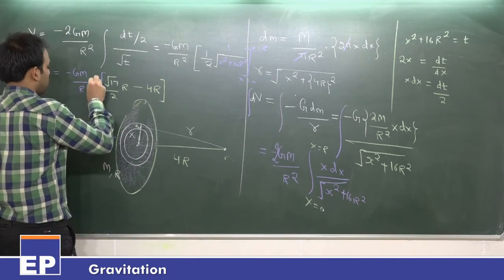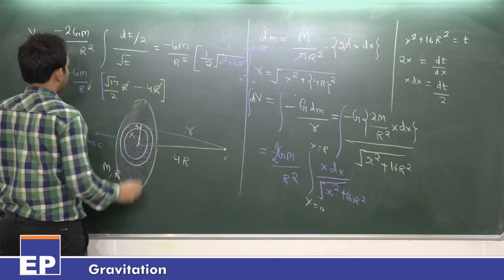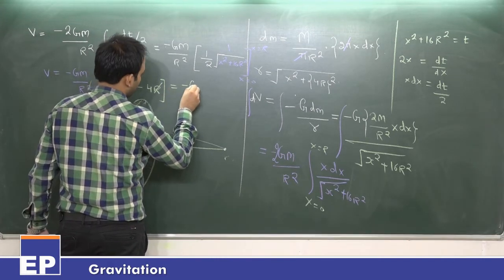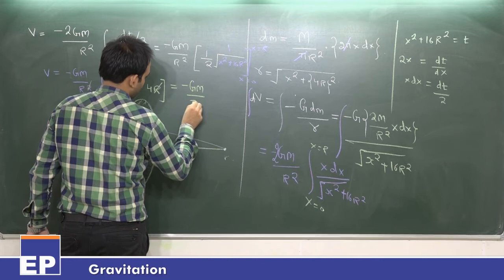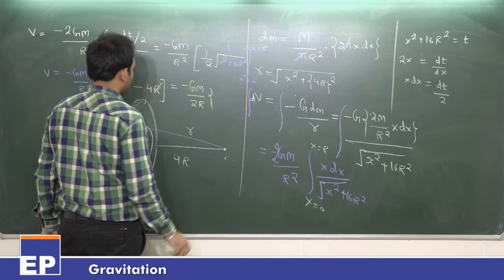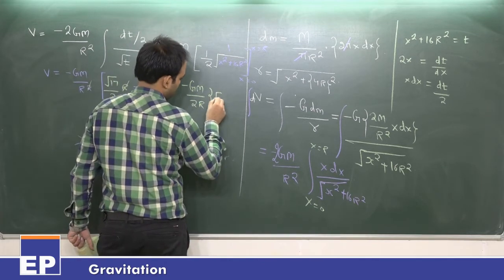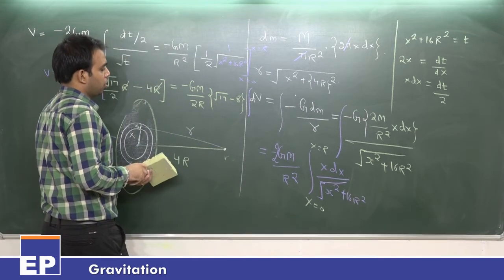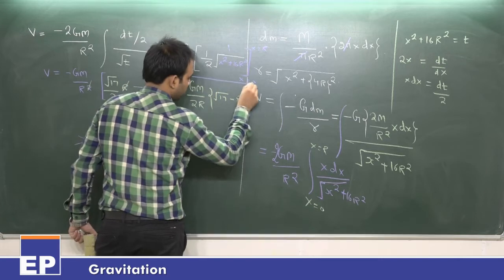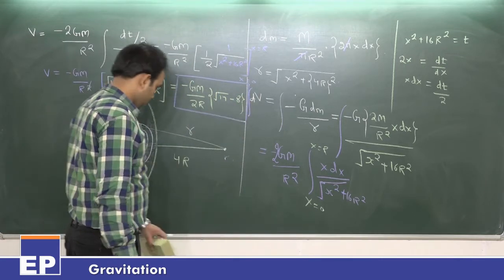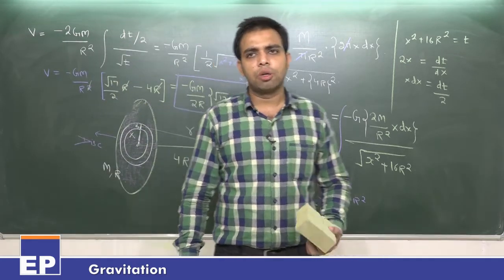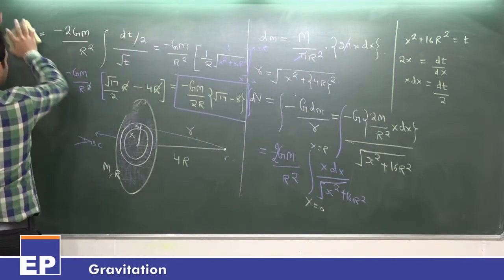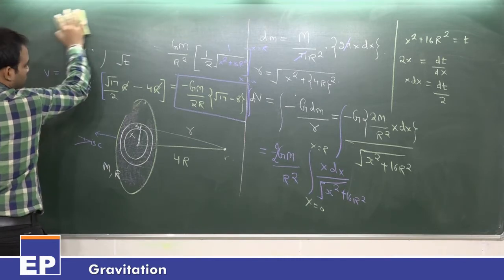This R and R will cancel out, so that will become minus GM by 2R, root 17 minus 16 minus 8. So this gives the potential at point P due to this whole disk. Is it clear? Write this down.